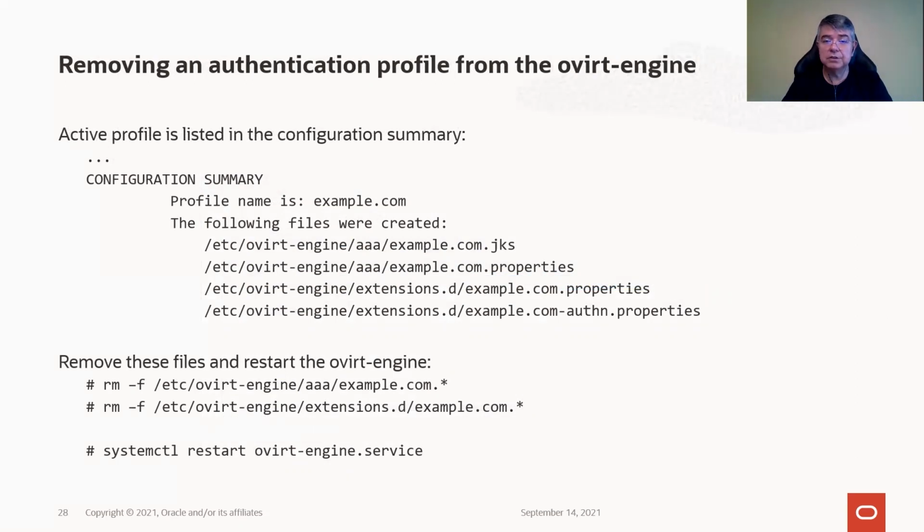At the configuration summary, you have four files identified as the full configuration. What you need to do is just remove those files and start the ovirt-engine service. If you start the ovirt-engine service, it will come back to the previous state of the system. And you can run the setup script again and select different options, change the connection type.